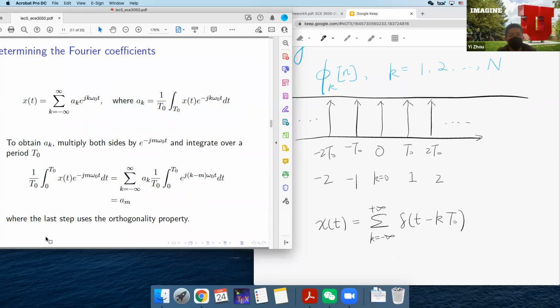A hint is that you plug x(t) into that formula, right? You have integration followed by infinite summation. You can consider switching their order, but do the integration part first.